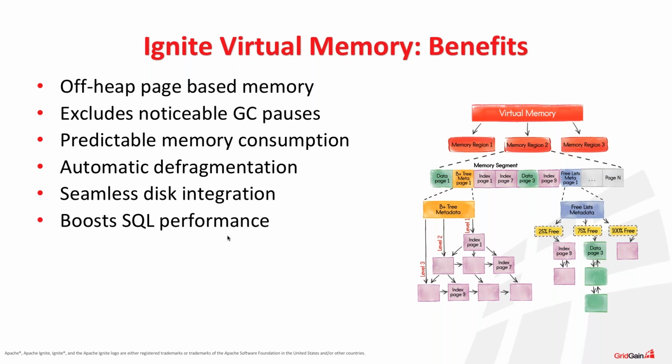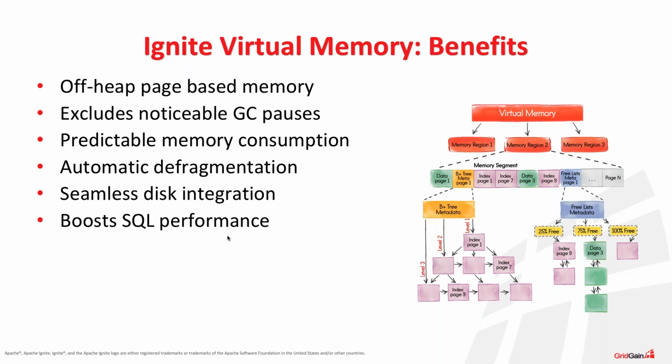The first benefit of having off-heap page-based memory is that you can easily exclude noticeable garbage collection pauses. The reason is simple: if you don't store your data sets in the Java heap, then you don't need to spend a lot of time tuning your JVM and your garbage collection related tasks.